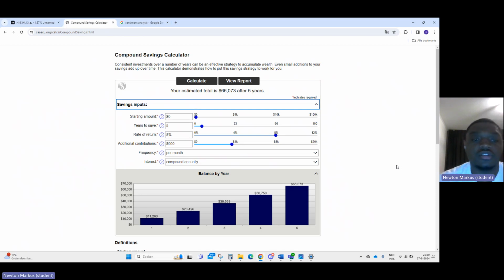So investing is long-term trading. So you put an amount of money in a stock or an index fund ETF or something like that, or in real estate, and let that money grow. So when you put money in an asset and the value goes up, your money goes up.